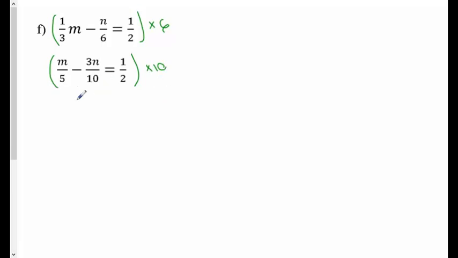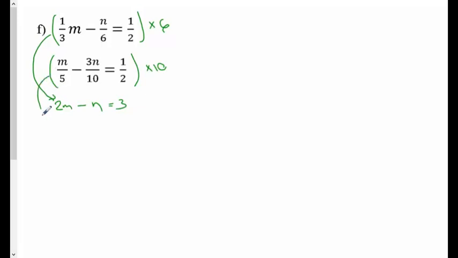So for my first equation, that leaves me with 6 over 3, or 2m, minus n equals 3, right, from that one.